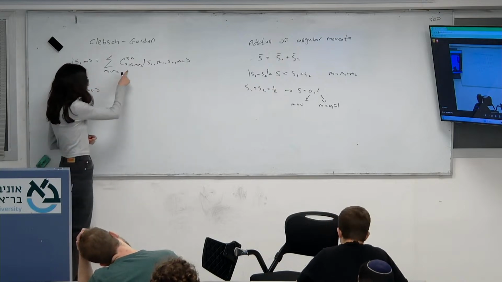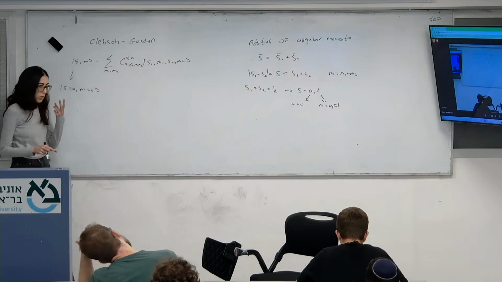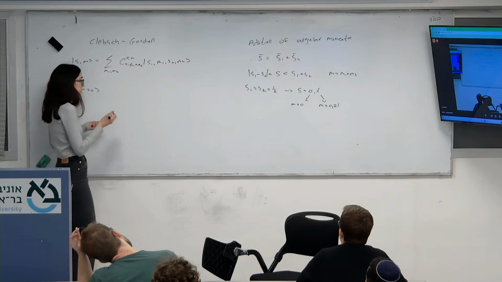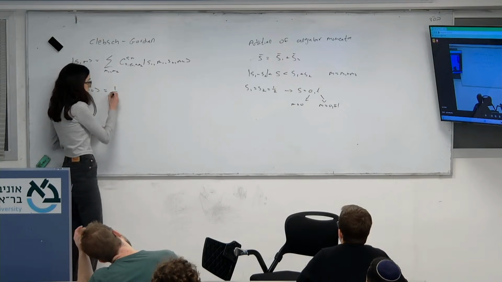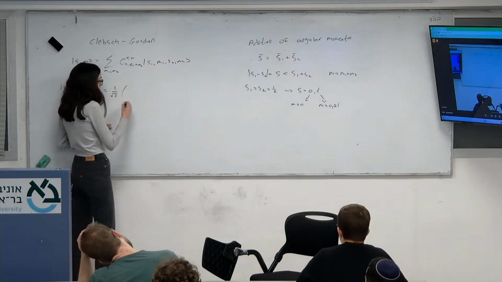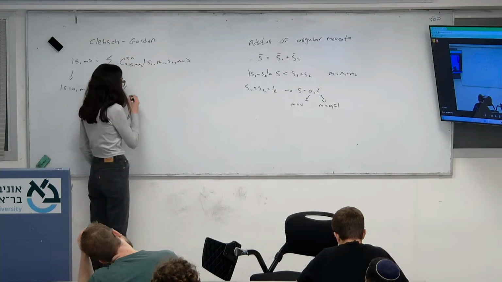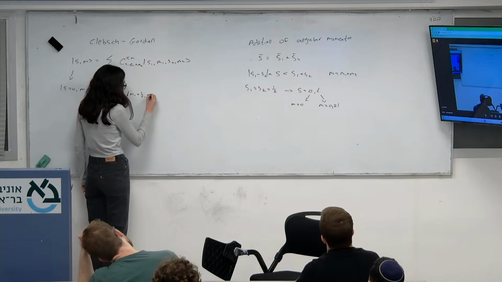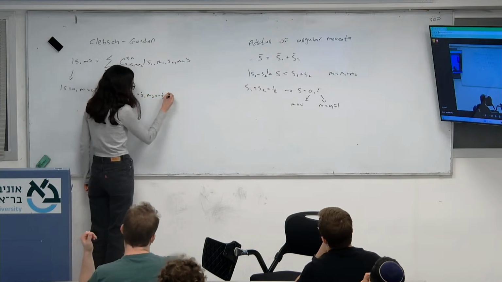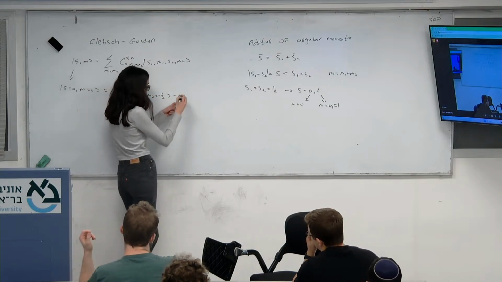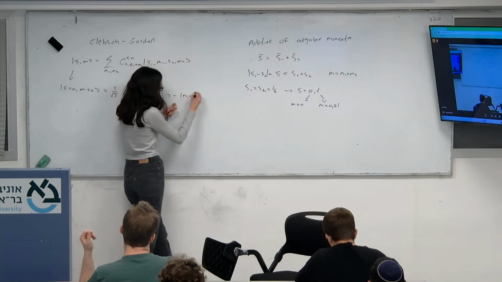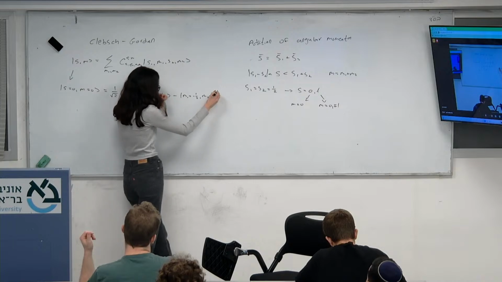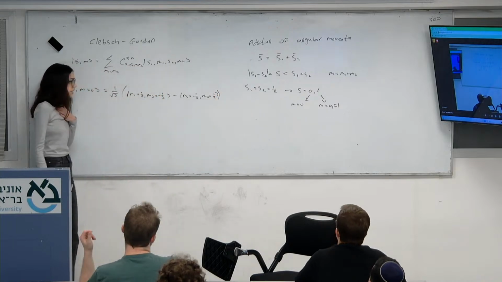For the Clebsch-Gordan coefficients, I have two coefficients equal to plus or minus 1 over square root of 2: plus for the state M1 equals half, M2 equals minus half, and minus for M1 equals minus half and M2 equals half.